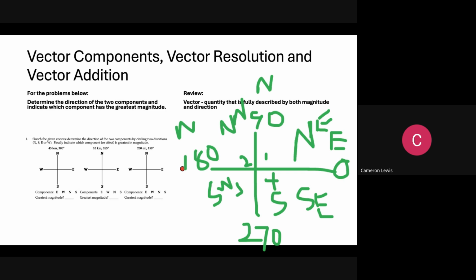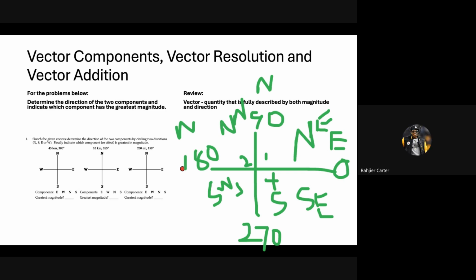And why I'm asking that is because which angle is it closer to? 270 or 360? Numbers wise. 270. It would be closer to 270 because it would be 70, right? So think about location wise. Should I draw it closer to the S or closer to the E?